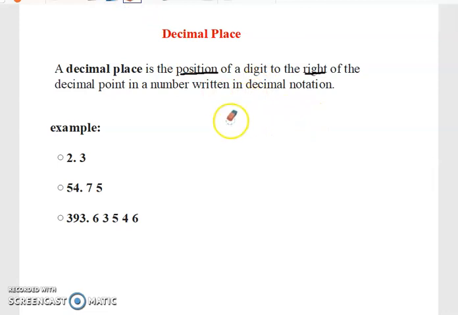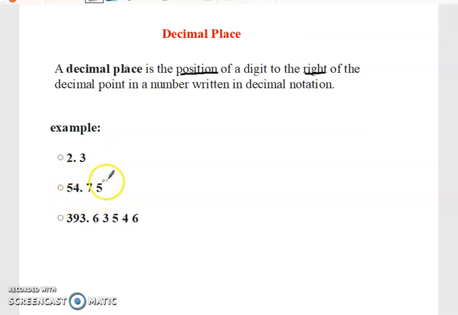So it's the position of a digit to the right of the decimal point. If you notice, the definition says to the right, so over this side. And this is the only digit that is to the right of the decimal point here, right? So this number is written to one decimal place because you only have one digit to the right hand side.